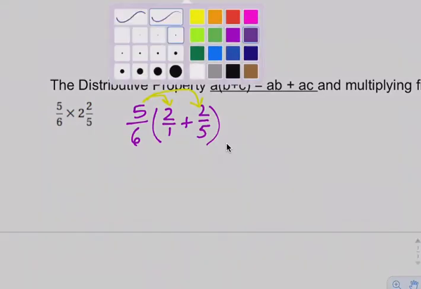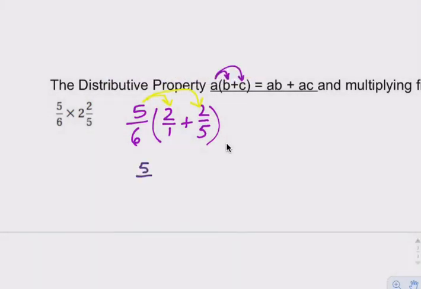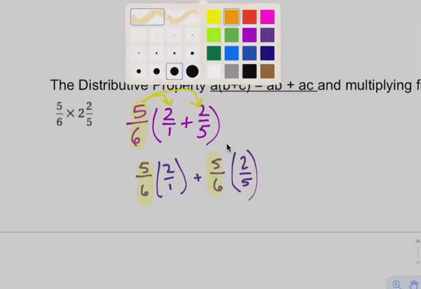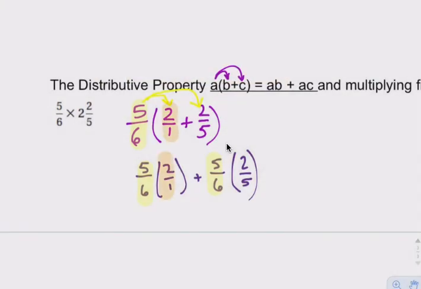There's our distributive property, that 5/6 was distributed to each of the addends inside the parentheses.